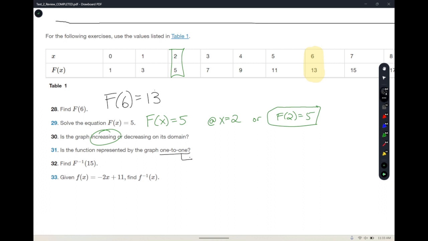Each input has one output. That's a function. That's the definition of a function, right?